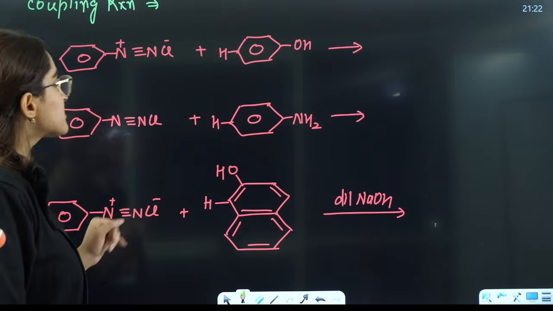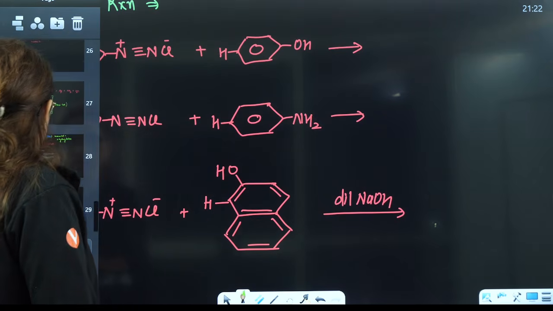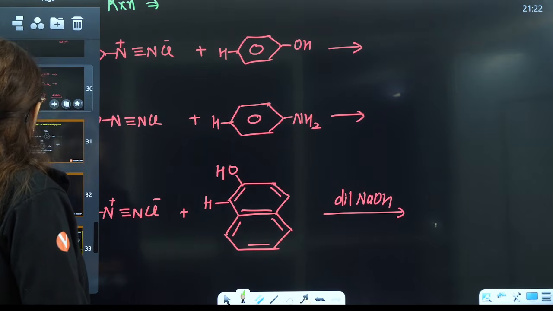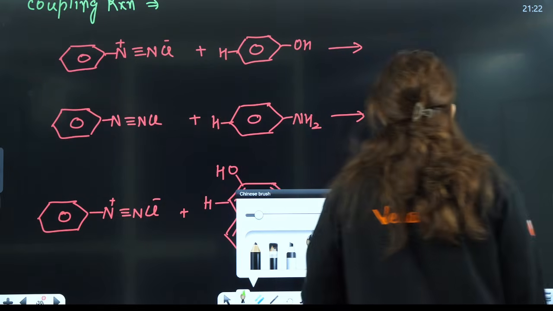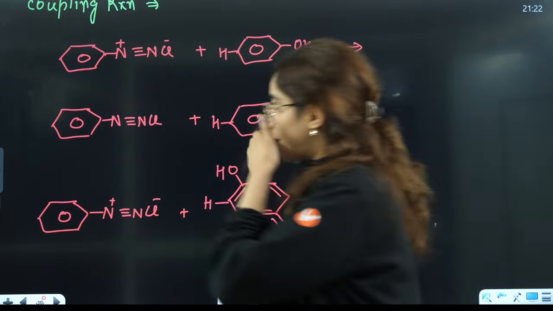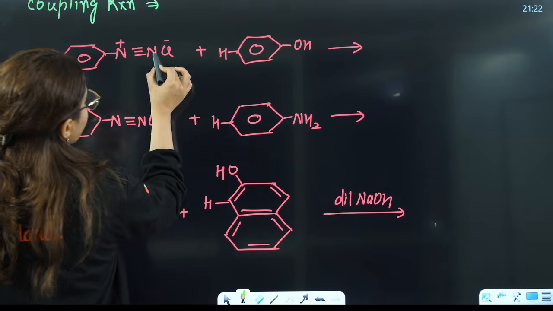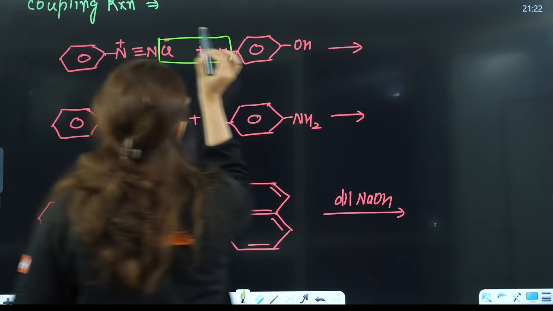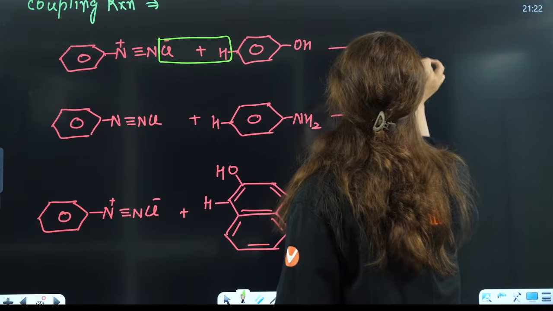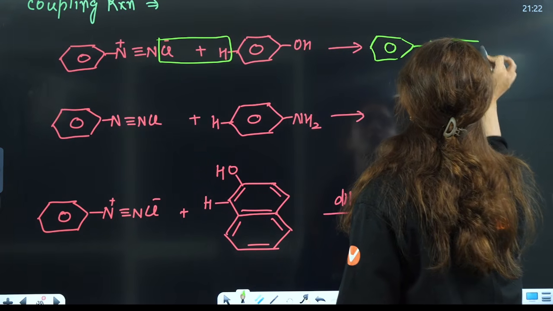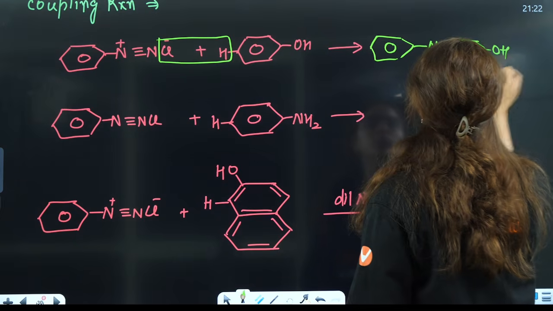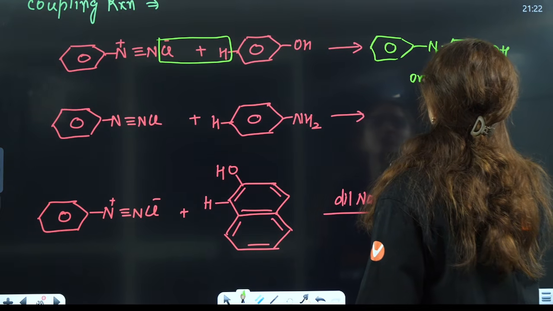Okay, next we have the coupling reaction. Let's talk about that. Coupling reaction is actually the azo-dye test. So what will happen here? In the diazonium chloride, HCl will be eliminated and here you will have a dye which will tell you that phenol is present, and here you will have an orange color dye.